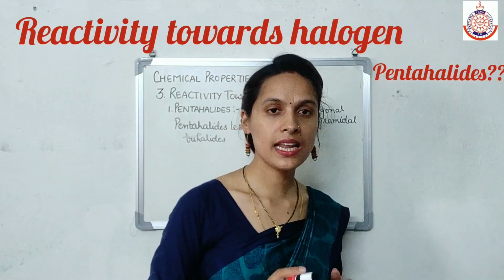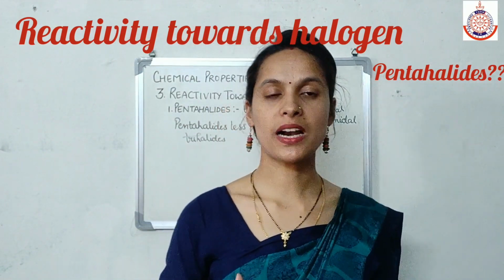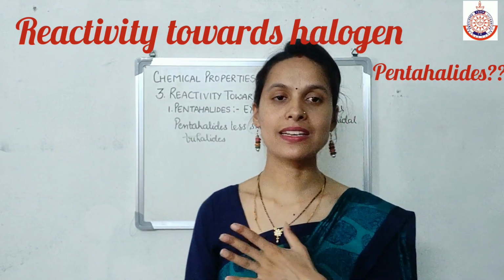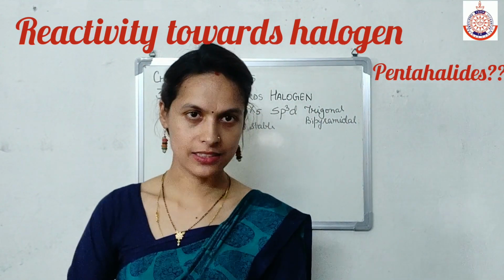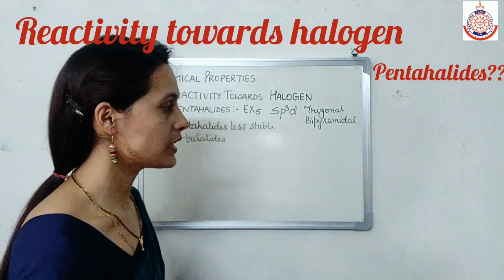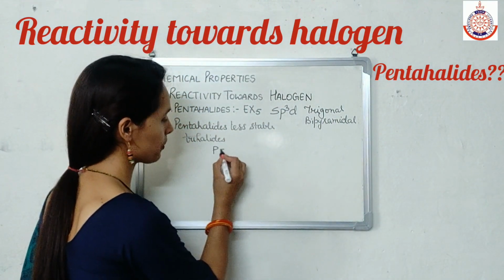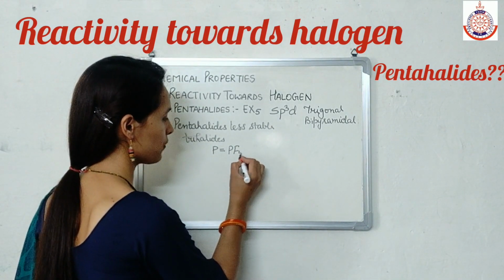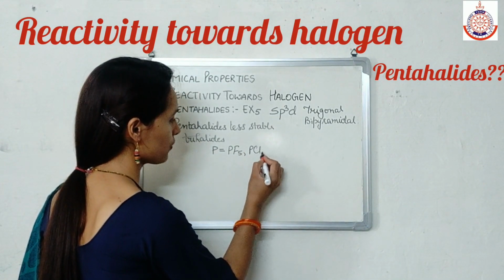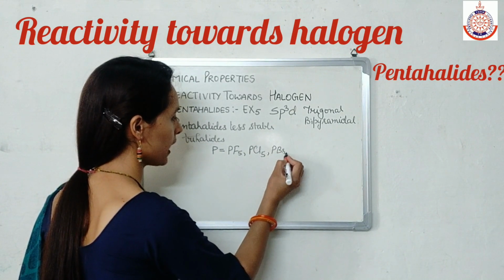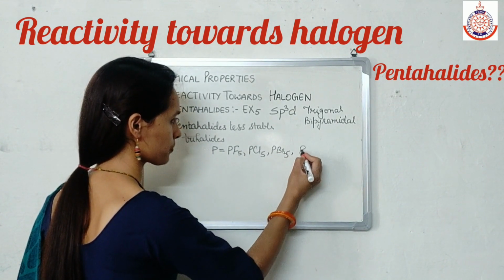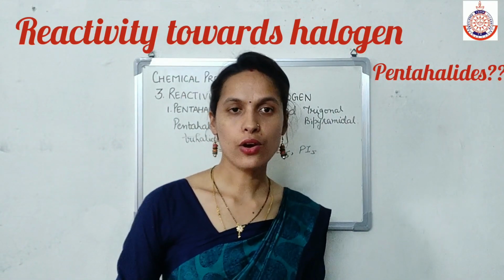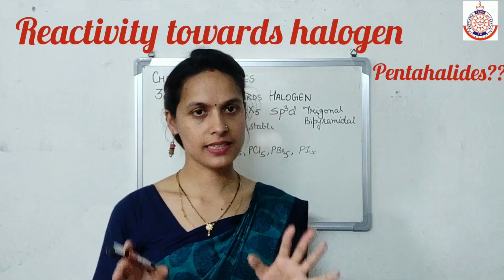Due to the inability of the s electrons to participate in bond formation, pentahalides are less stable as compared to the trihalides. And because of this, in phosphorus we get PF5, PCl5, PBr5 and PI5, which means fluoride, chloride, bromide and iodide of phosphorus are stable.